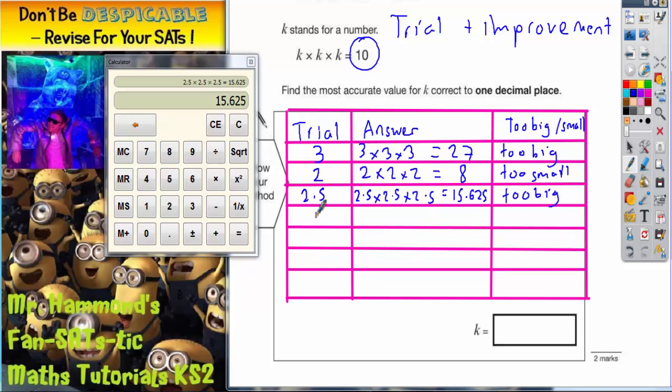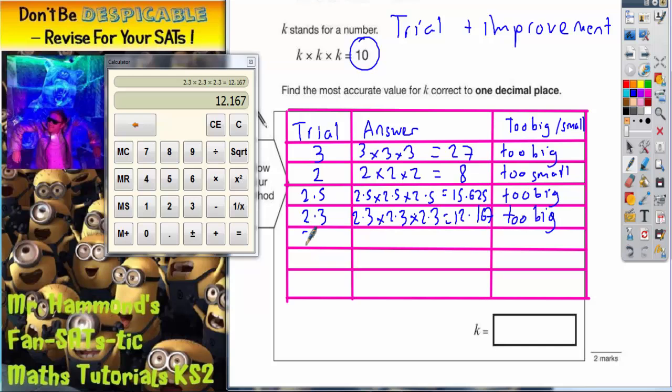So now the next sensible thing to do would be to go a little bit lower. Let's try 2.3. See where that gets us. 2.3 times 2.3 times 2.3. This time we get 12.167. Now you can see that we're getting closer to 10 because now we're on 12, but it's still too big.